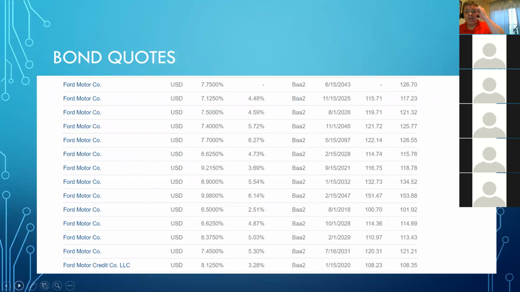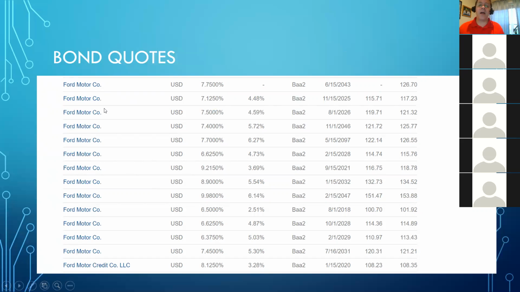So this is more of an understanding of the world around us. If you were to look up what we call bond quotes, see, Ford Motor Company has borrowed lots of money. To do that, they have sold bonds. And you see here that they have done so multiple times.